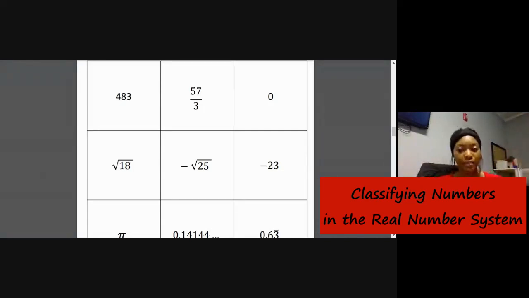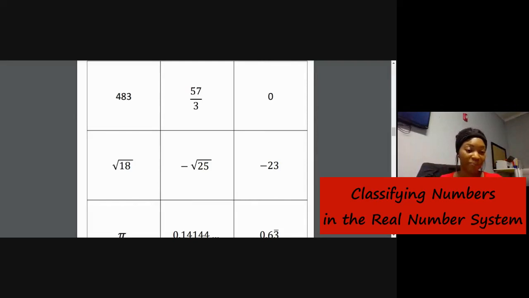So think about it as a 19. Is 19 a natural number that you could count to 19? Yes, right. So that means 57 over 3 is natural, because it's equivalent.